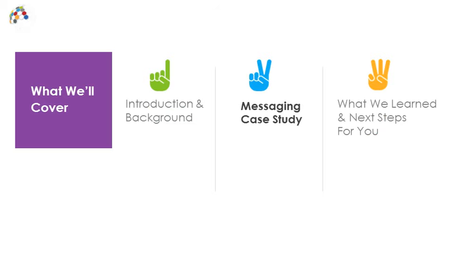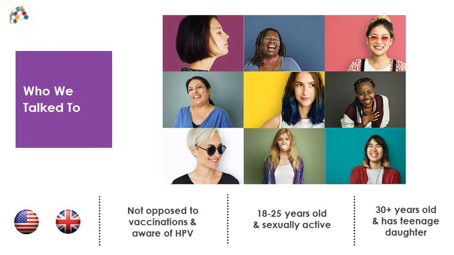As I mentioned before, we're going to go through a case study. We went out to about 300 respondents, or individuals, in the US and the UK, and we actually focused on HPV vaccines. Part of the reason that we focused on this is because, one, HPV is the most common STI in the US, and we wanted to do something where we had different types of patients involved.